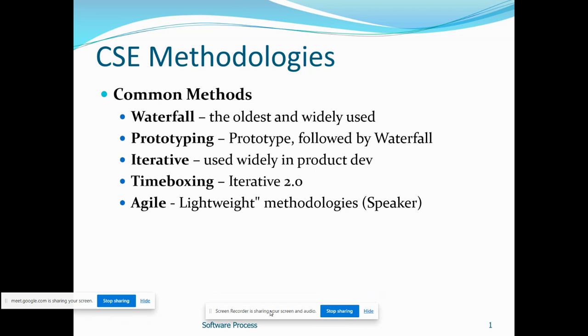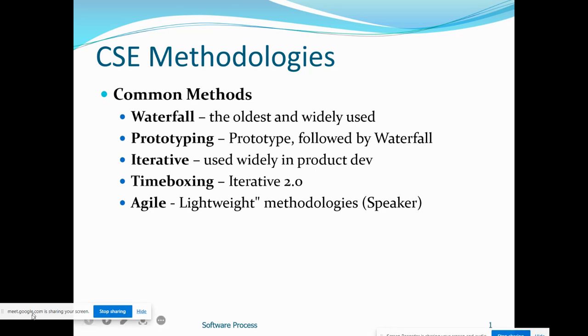In the previous session we have seen what is a process, what is a software process, what are all the phases in software process models, SDLC.